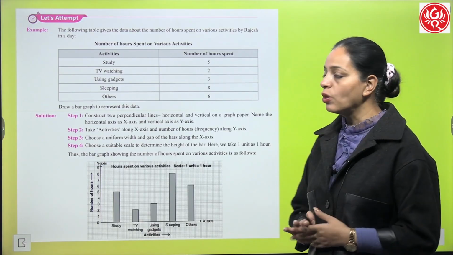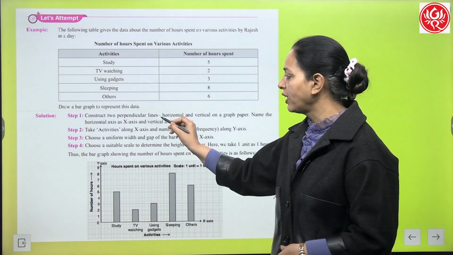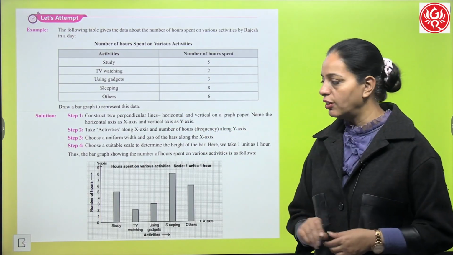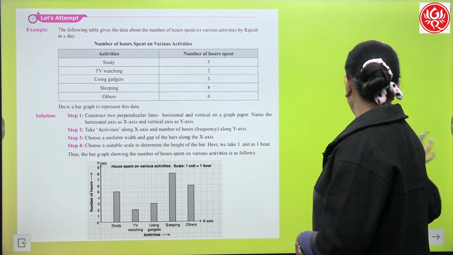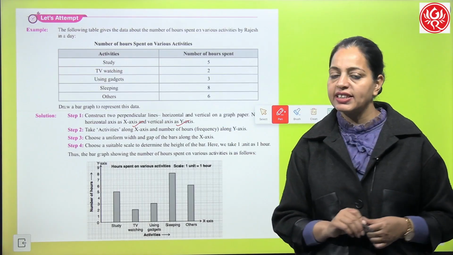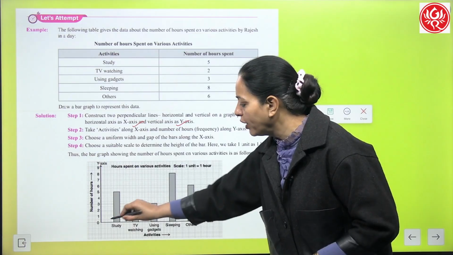So what to do? Step 1. Construct two perpendicular lines, two perpendicular axes, horizontal and vertical, on a graph paper. Name the horizontal axis as x-axis and the vertical axis as y-axis. So we have taken two perpendicular axes.